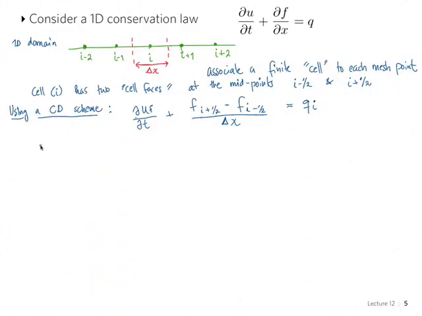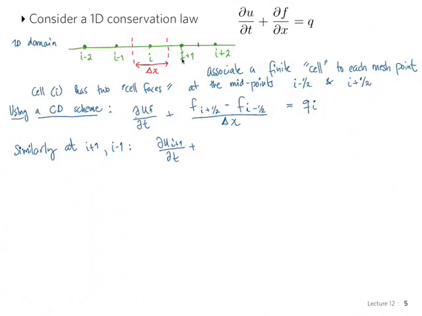Now we could do similarly at the points I plus 1 and I minus 1. And we could get du_{I+1}/dt plus, so let's imagine now the I plus 1 has a cell over here that goes to the midpoint here.